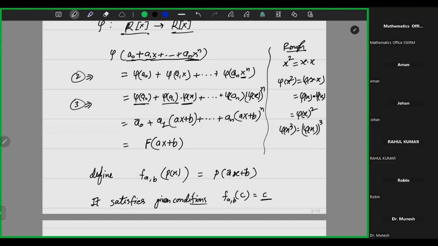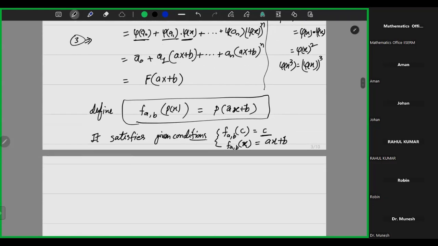And on x, F_AB evaluated at x: in place of x we replace ax plus b, so this is just ax plus b. So this ring homomorphism satisfies the conditions. Now we want to check if it is a ring homomorphism or not.